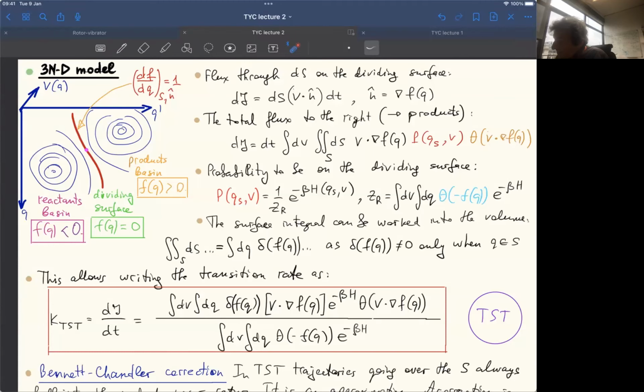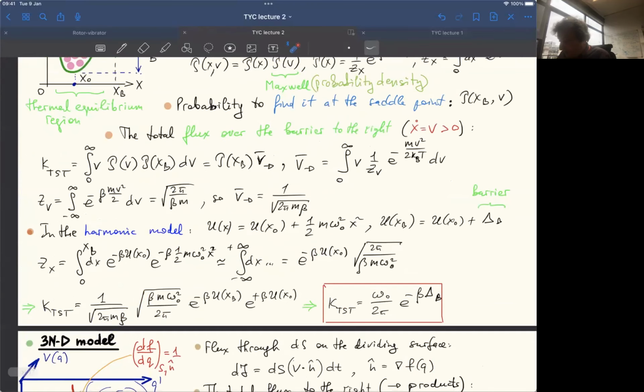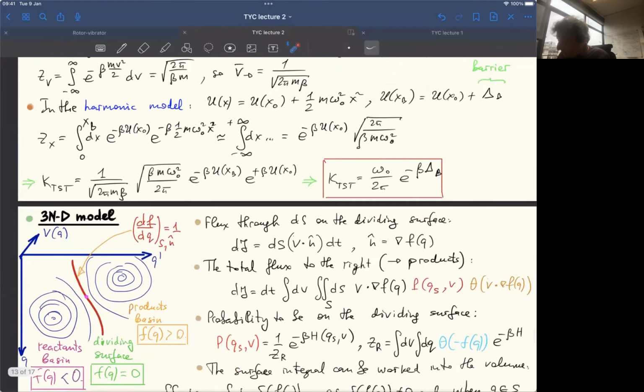Then this dot product comes from here. And that is the probability to find my system at the point q_S on the dividing surface with the velocity v. So that expression is exactly the same as the one for the one-dimensional system, but generalized to many dimensions.